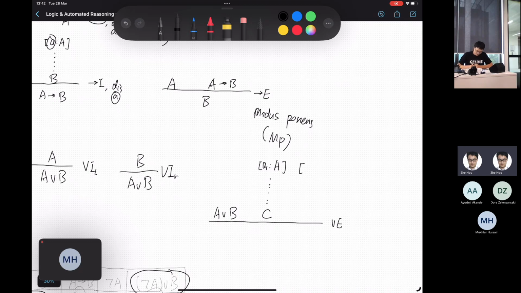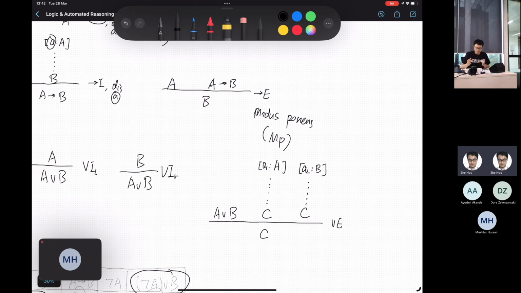And let's have another one. Let's say there's another thread of reasoning. You assume that B is true. You derive the same thing. Okay. And you also know that A or B is true. So at least one of them is true. Then what can you derive as a conclusion? So C must be true.